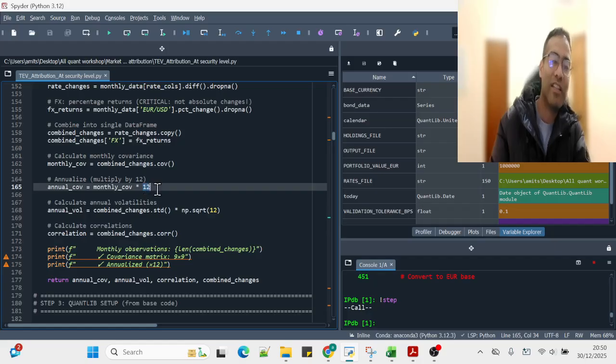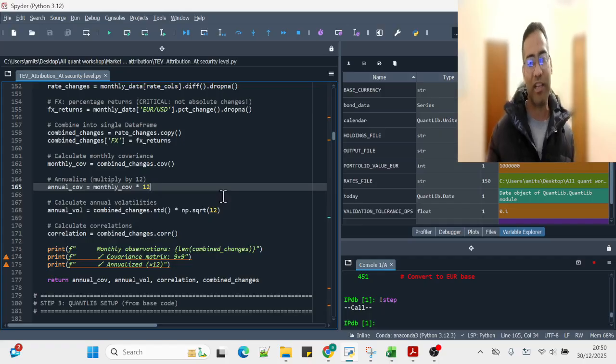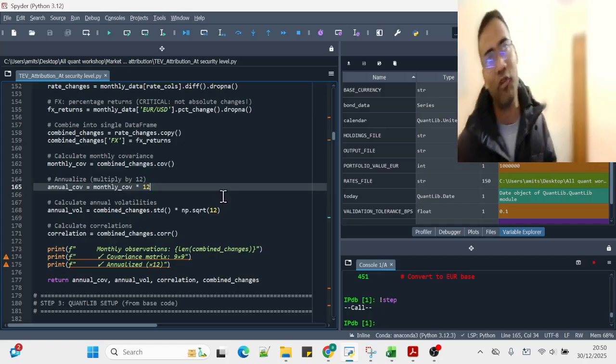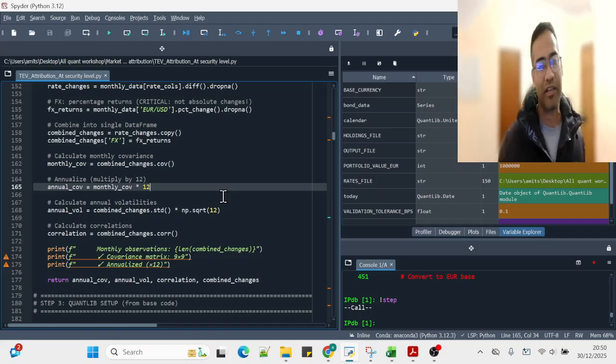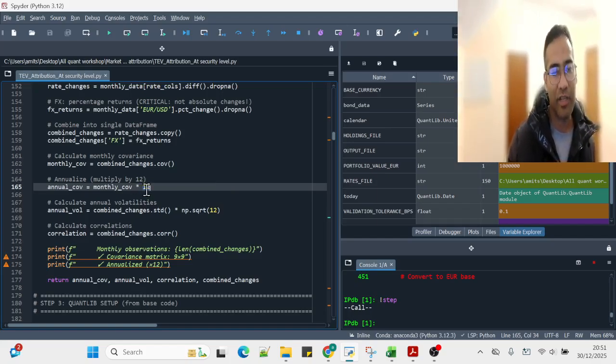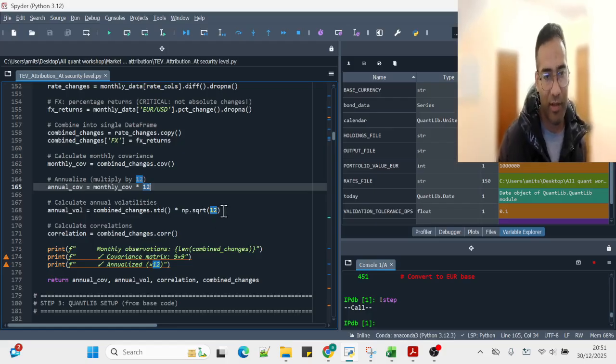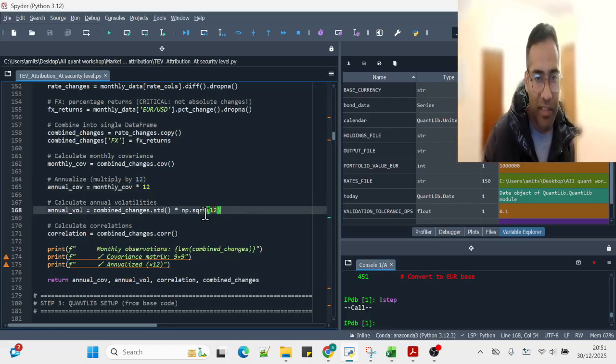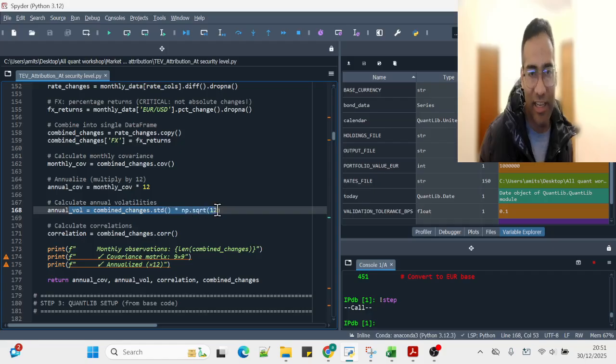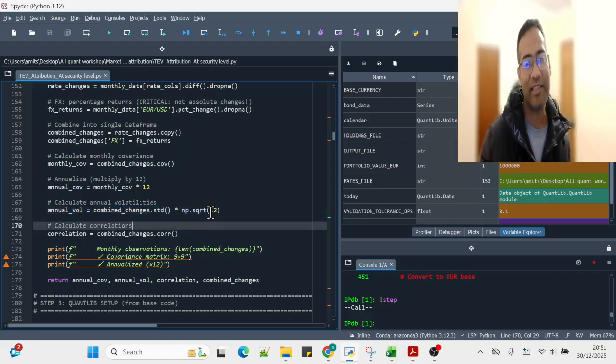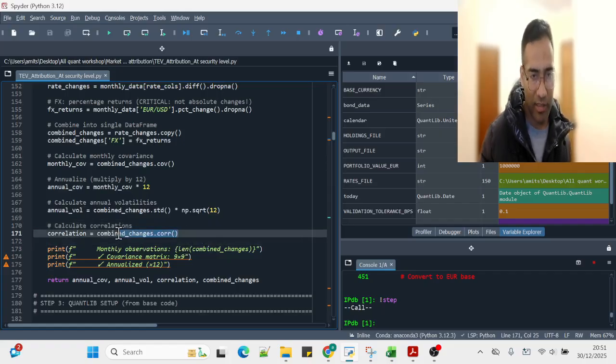So you can straight away multiply by 12 if you are doing your calculation yearly. Because for tracking error volatility, you want to do it on a yearly basis, so you have to be consistent in units. That's why the multiplication with 12. Volatility does not scale linearly. It scales with the square root of time. And you can calculate correlation just like that.